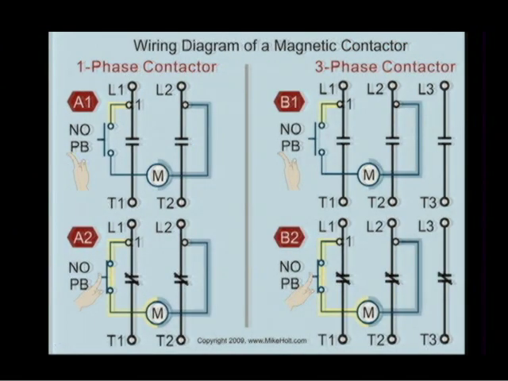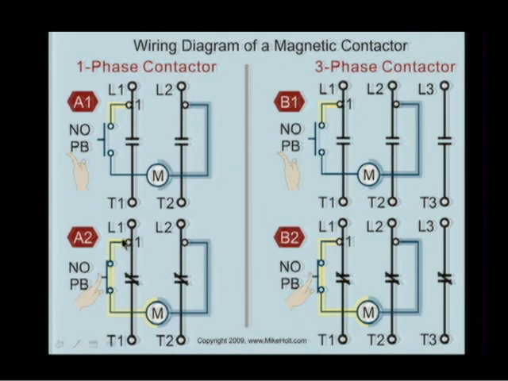Well, let's take a look at this picture here. All right, here is a magnetic contactor, single phase. Line 1 has power to one side of the switch. It's normally open. Line 2 has power to one side of the coil, even though the voltage in reality continues on to this point here. We're only showing that the coil has some power to it.